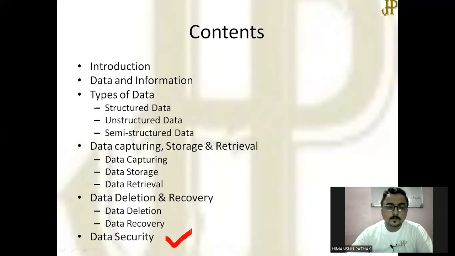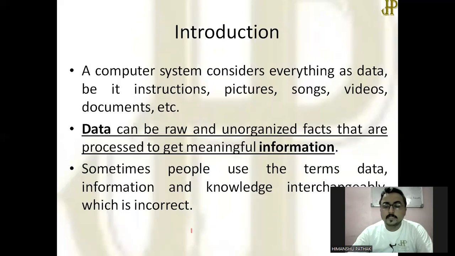Okay, so starting with the introduction. As we know, a computer can store data in 0 or 1 form, either on or off. So whatever the instructions, pictures, songs, videos, or any other documents are considered as data.